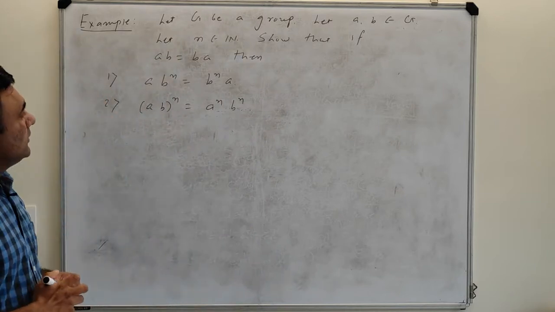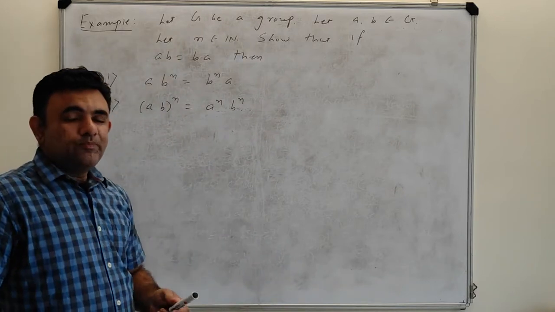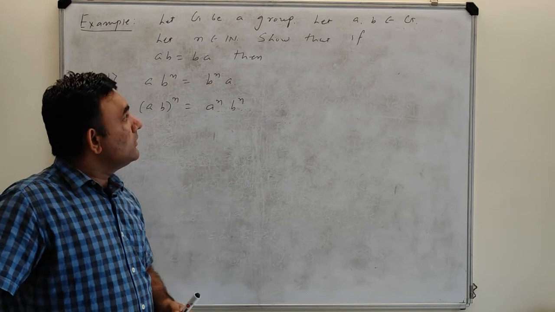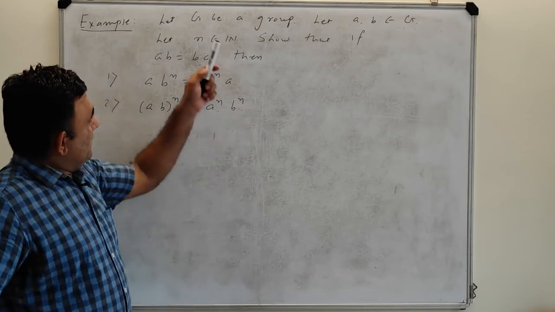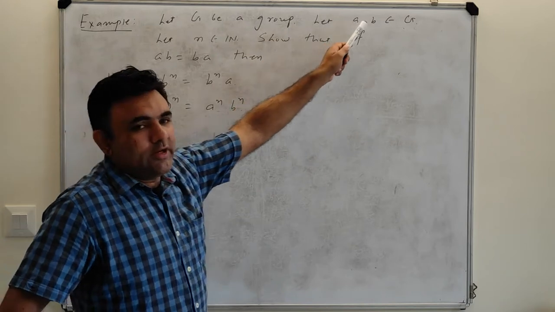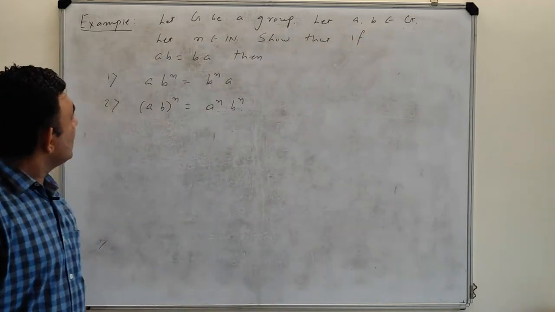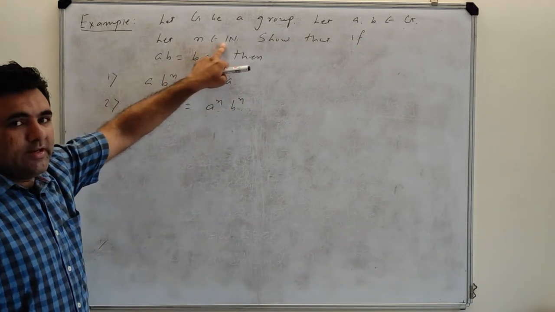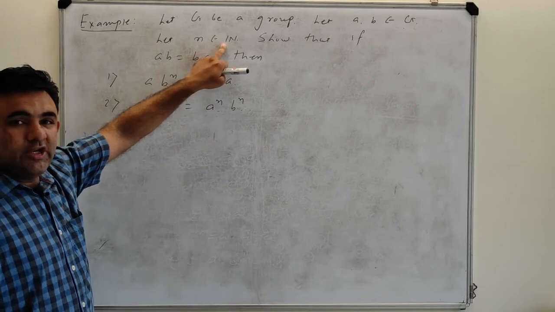So this is one simple example. See what it says. Let G be a group and you take two elements a, b in G. Let n be some positive integer.